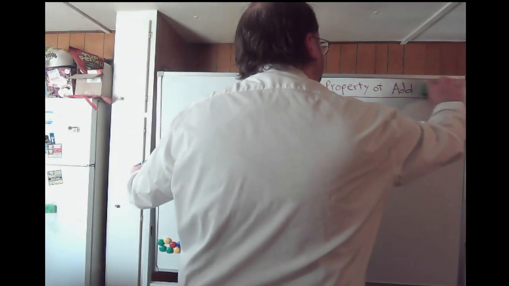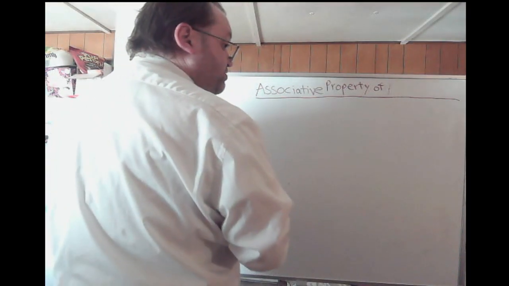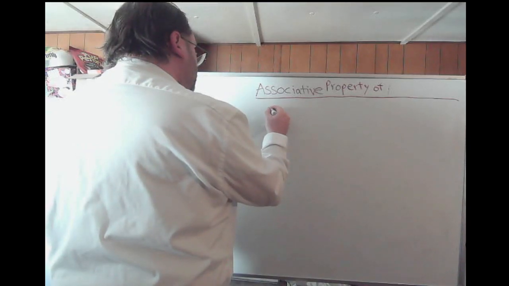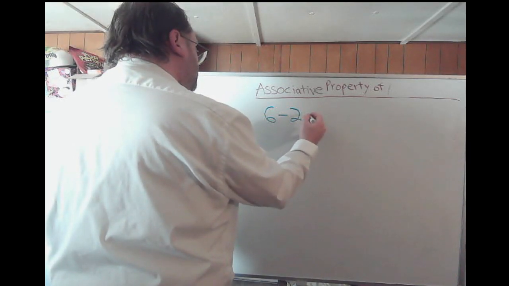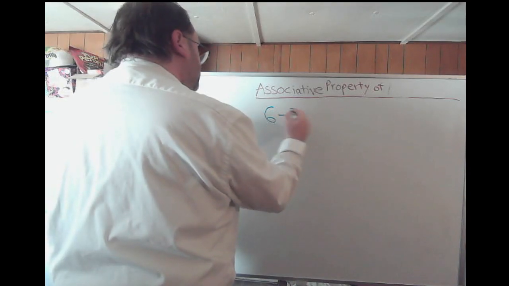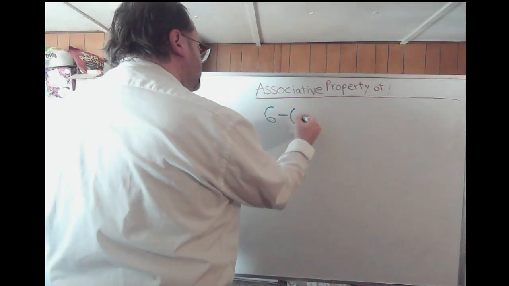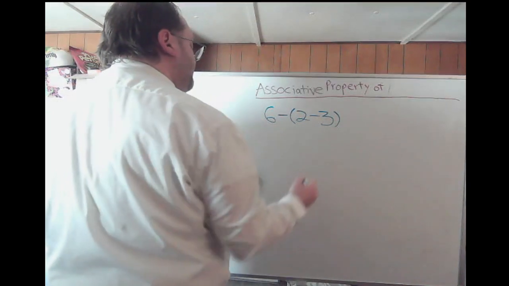Now, of course, it's also asked a lot, does the associative property work with subtraction? No, and I'll show you why. Let's say you have 6 minus, in parentheses, 2 minus 3, right?